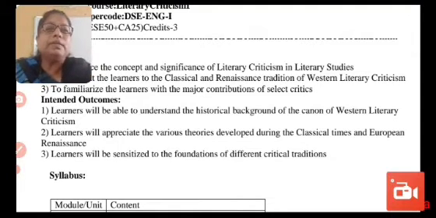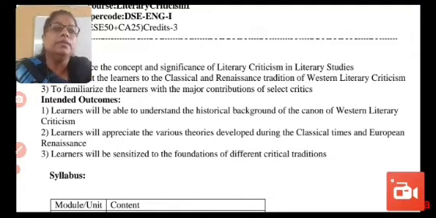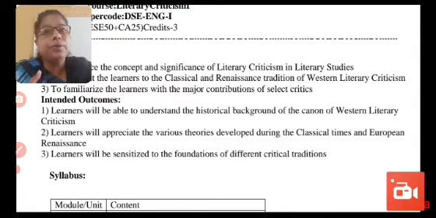Learners will appreciate the various theories developed during the classical times and European Renaissance. Now, there comes another important term in this outcome, that is theory. In a very simple way, you know what theory is. Siddhanta. Here it is the theory of literature.